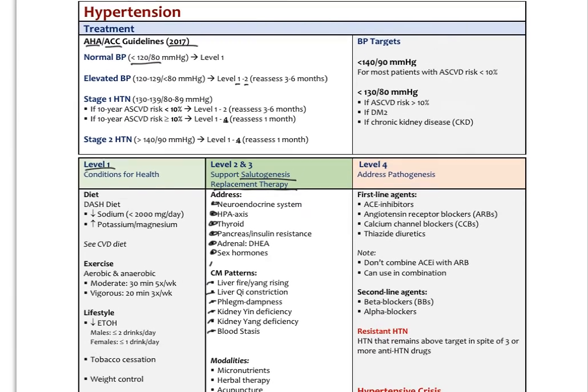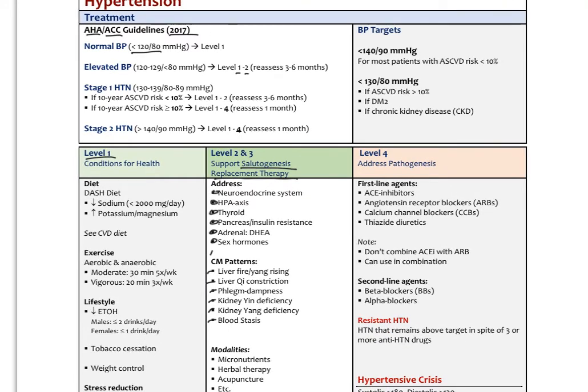With stage 1 hypertension, that's a systolic between 130 and 139, and diastolic 80 to 89. If the person's 10-year ASCVD risk is less than 10%, then we can essentially focus again on just level 1, level 2 therapies and reassess in a few months and see where the blood pressures are at.